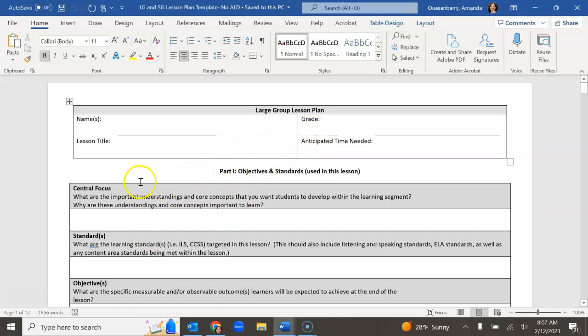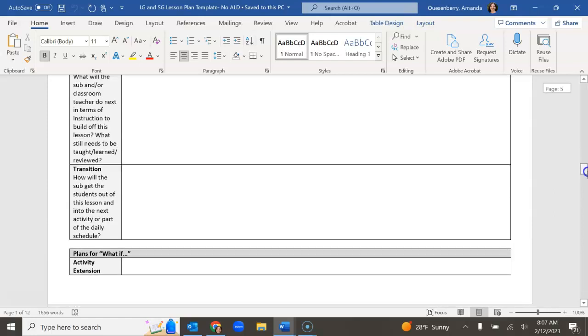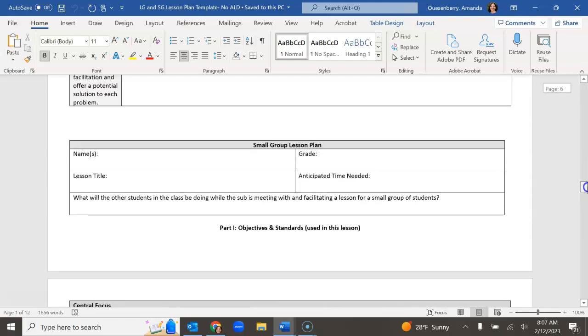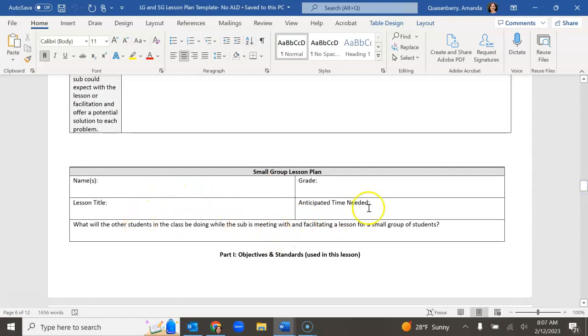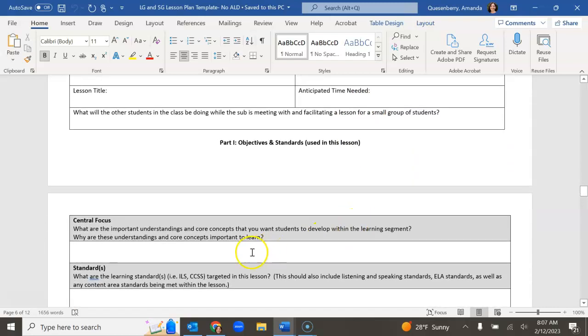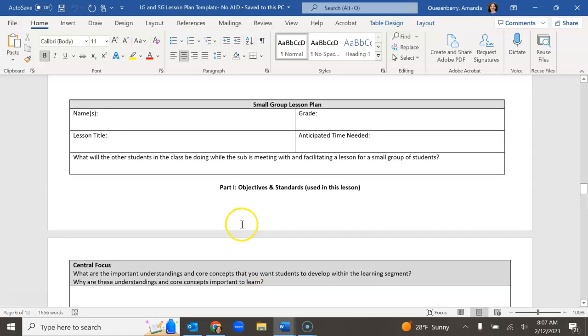What I wanted to note here quickly is that these pretty much look identical. The large group, and then I'm going to scroll really fast down to the small group. All right, so the information that you'll include is obviously going to be different, but the actual template itself is pretty much the same.